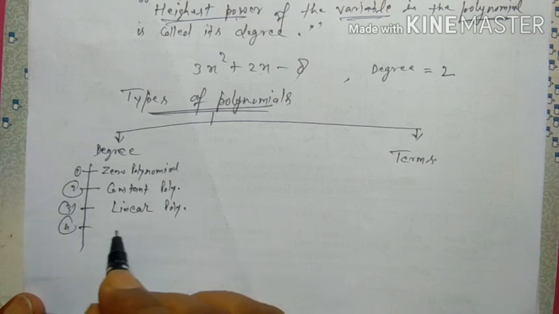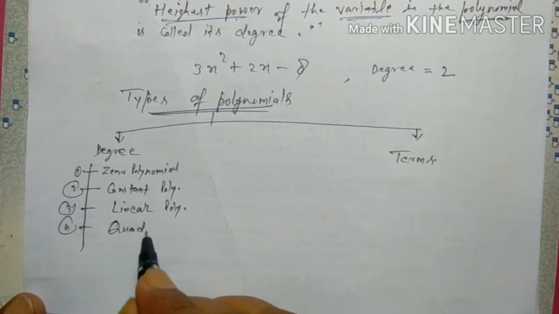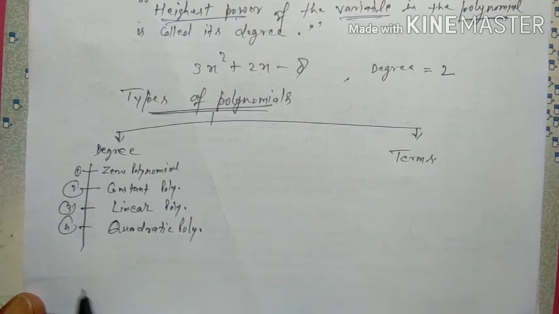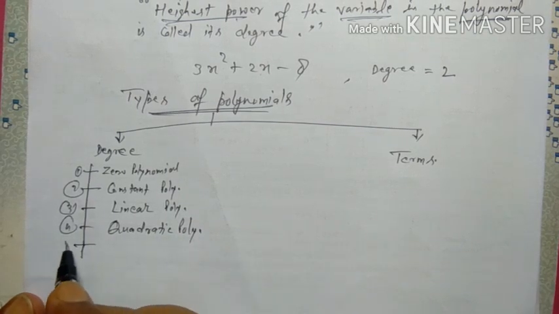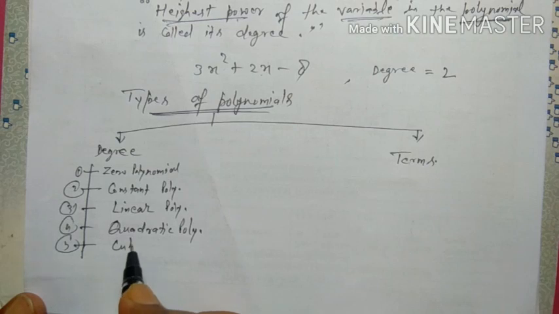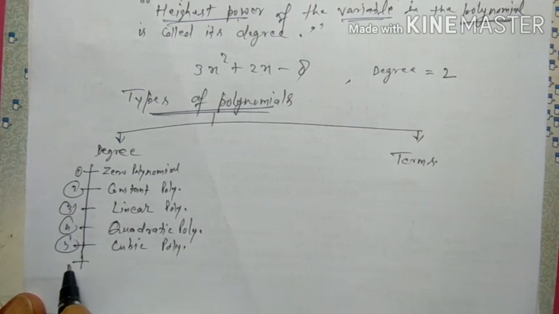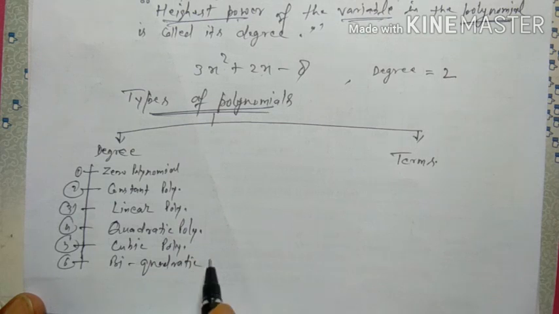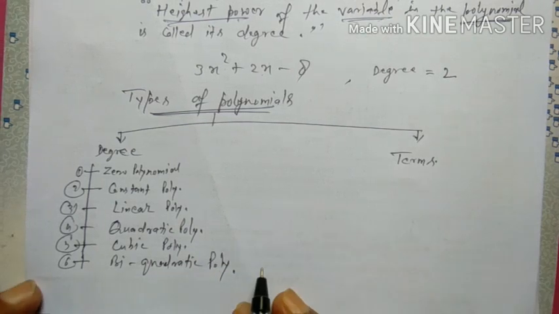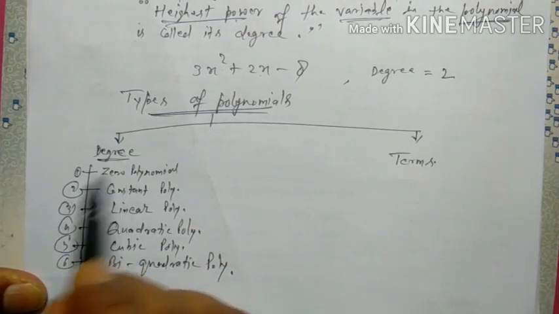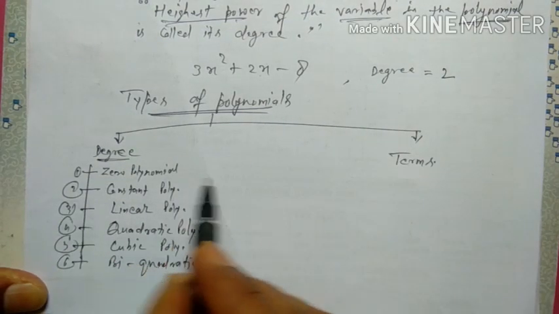Fourth, quadratic polynomial. Fifth, cubic polynomial. And sixth, biquadratic polynomial. This is the division on the basis of their degree.